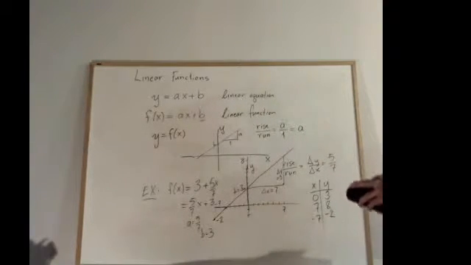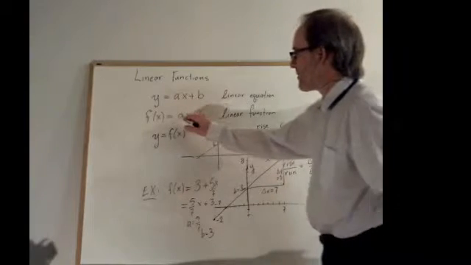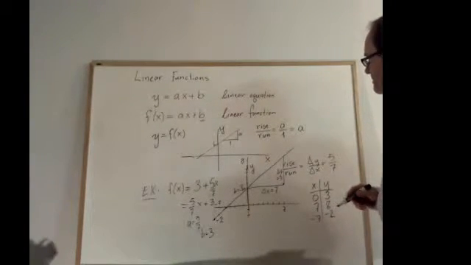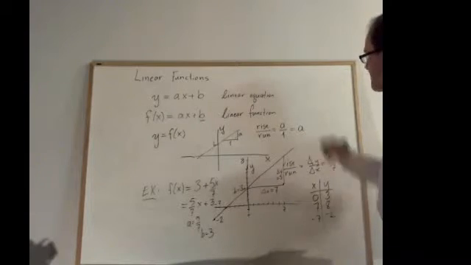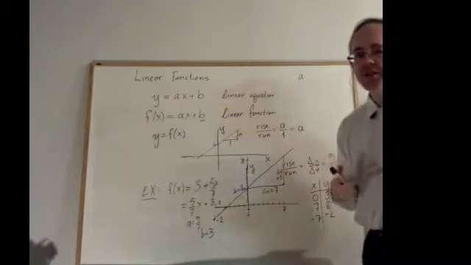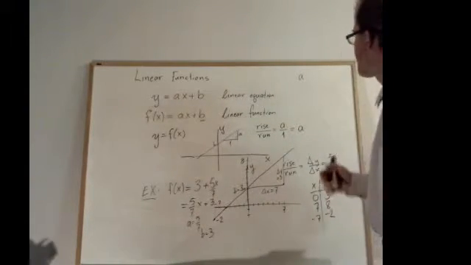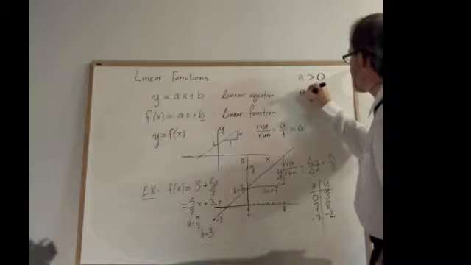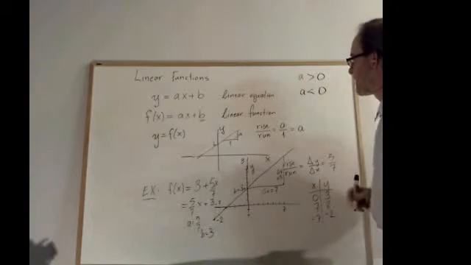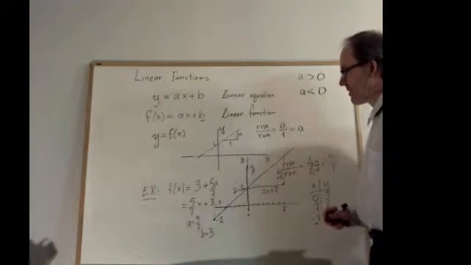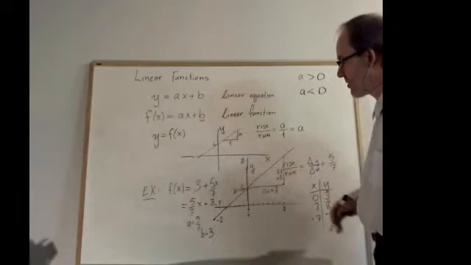Now, the value of a, the slope, can have qualitatively two different kinds of values, those which are positive and those which are negative. So that changes the qualitative behavior of the graph, in particular whether it's increasing or decreasing.